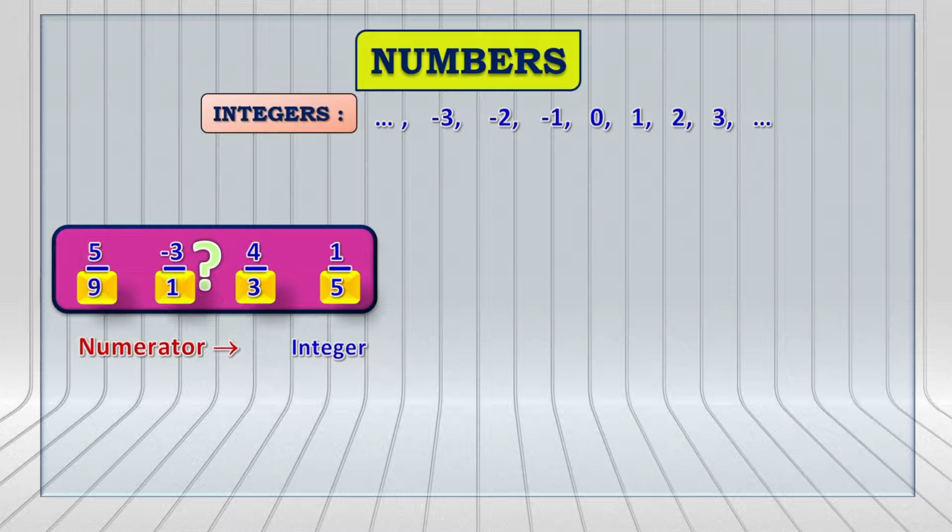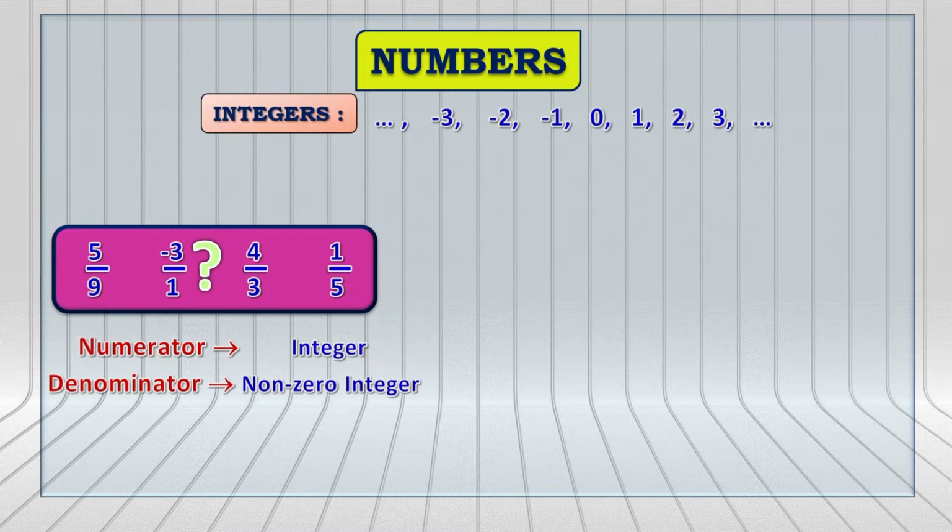Now if you take a look at the denominator, we can see 9, 1, 3, 5, and these are also integers. But one thing you need to remember is that in the denominator you cannot have 0. Why? Because we know that dividing by 0 is undefined.